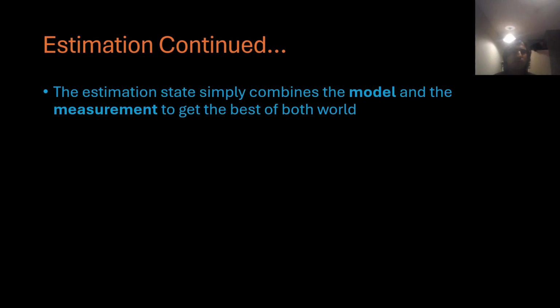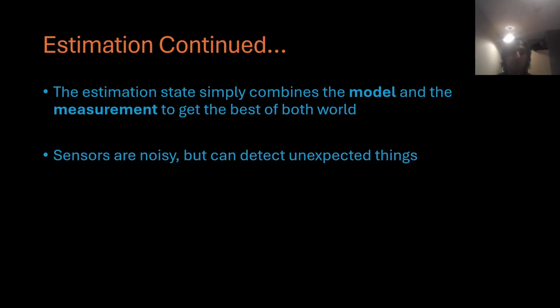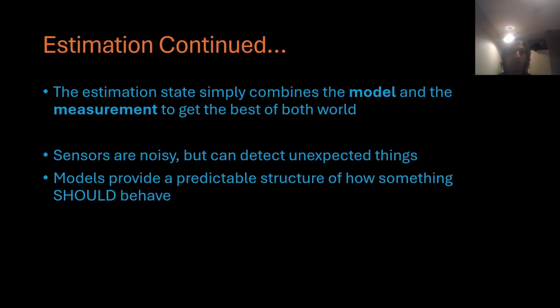Now, this is a bit of a repeated slide, but the estimation state simply combines the model and the measurement to get the best of both worlds. Sensors are noisy but can detect unexpected things in the real world, as a lot of unexpected things happen. Models give a predictable structure of how something should behave, but they cannot tell you if something unexpected happens.